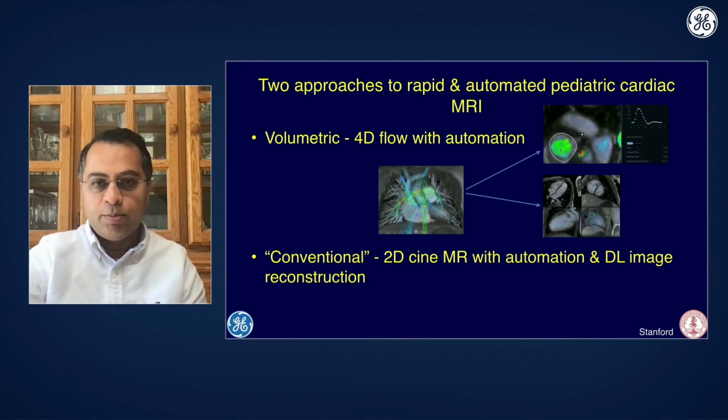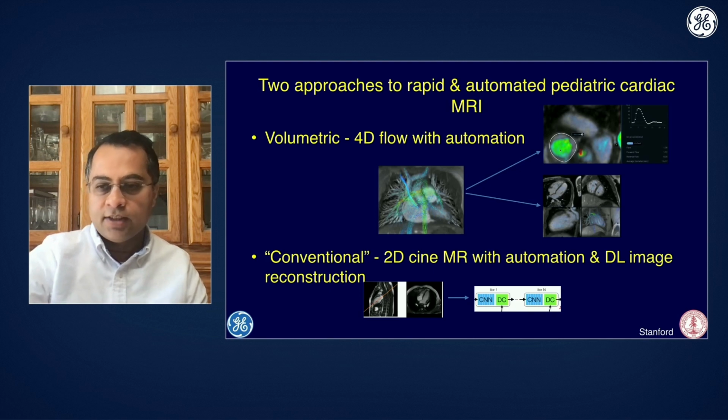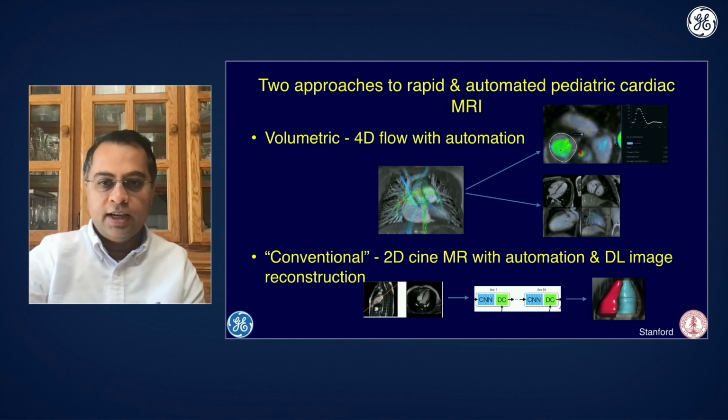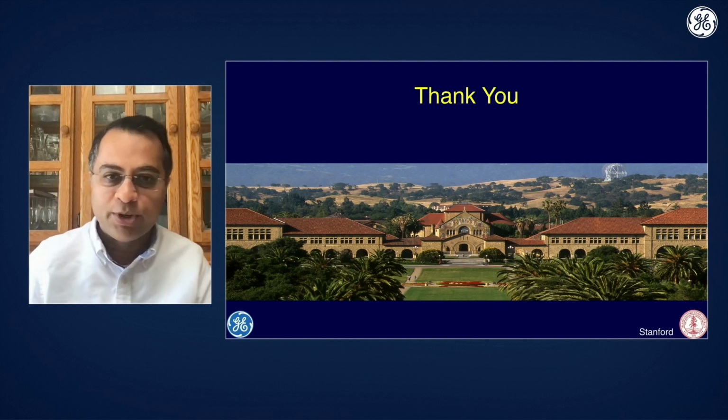The volumetric approach has its automation in terms of its quantification, and the 2D approach also has a deep learning reconstruction and then the automated segmentation. So thank you very much for your attention in this presentation.